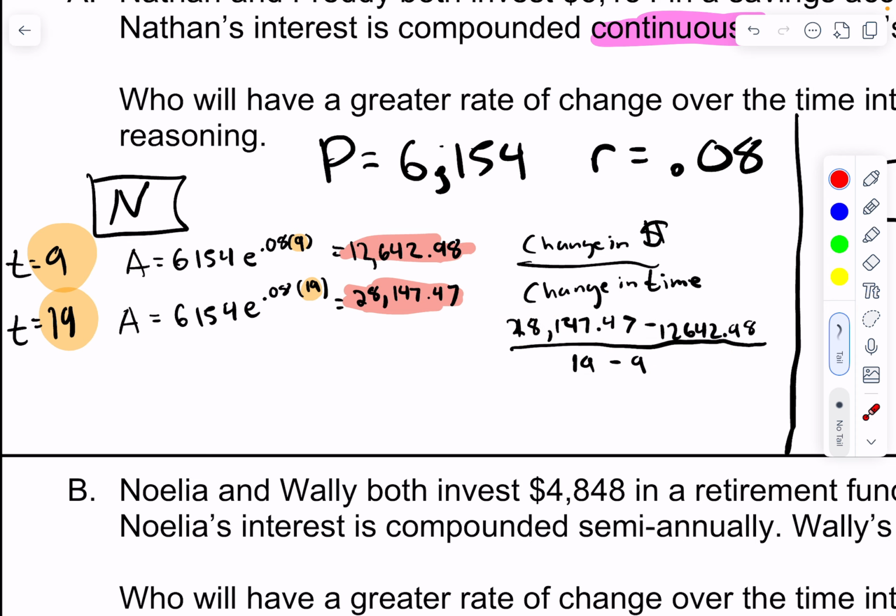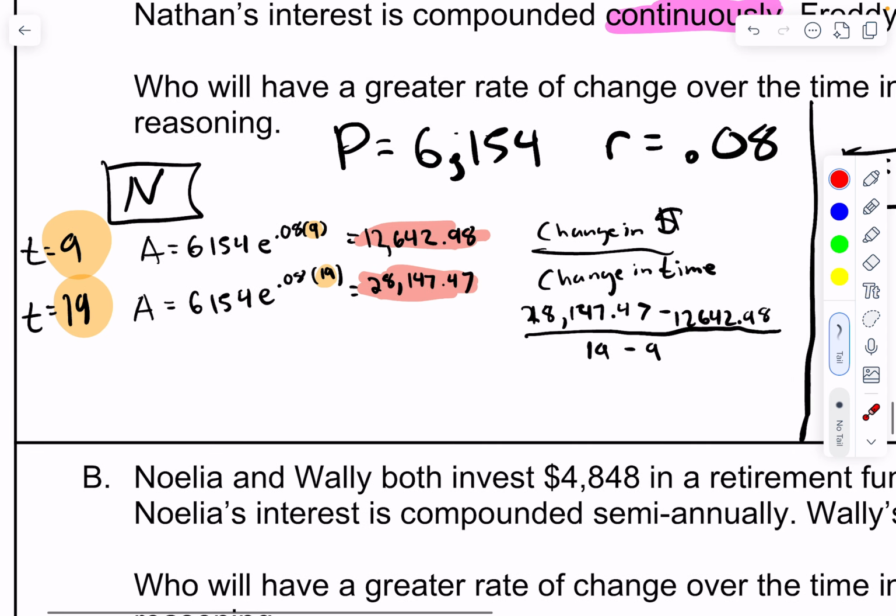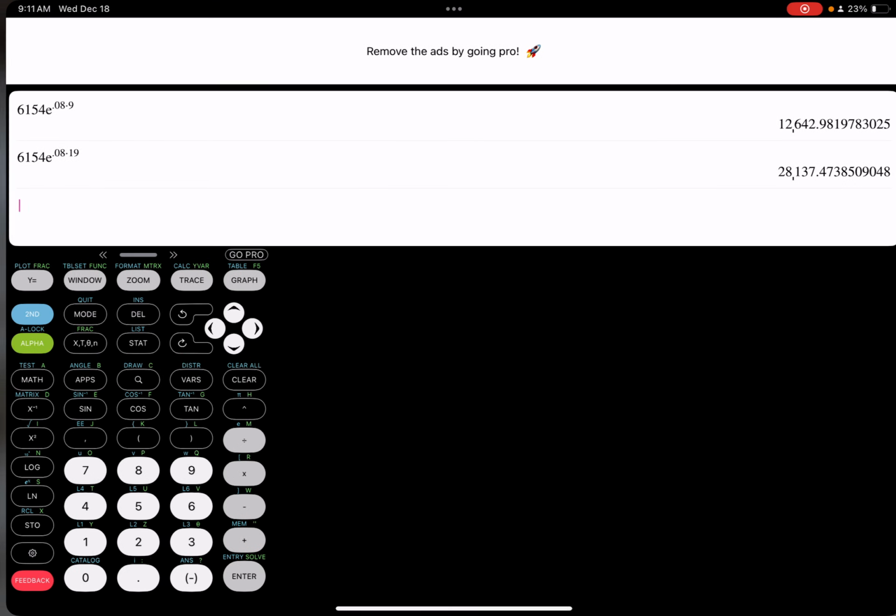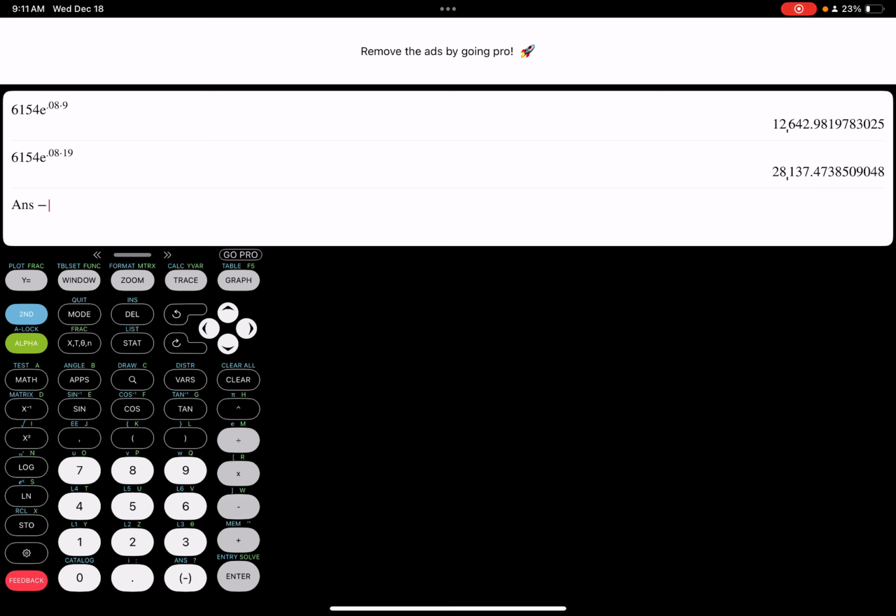But just to make things easier, subtract them in a way that they're positive. Okay, 28,137.47 minus 12,642.98. And so it increased $15,494.49.